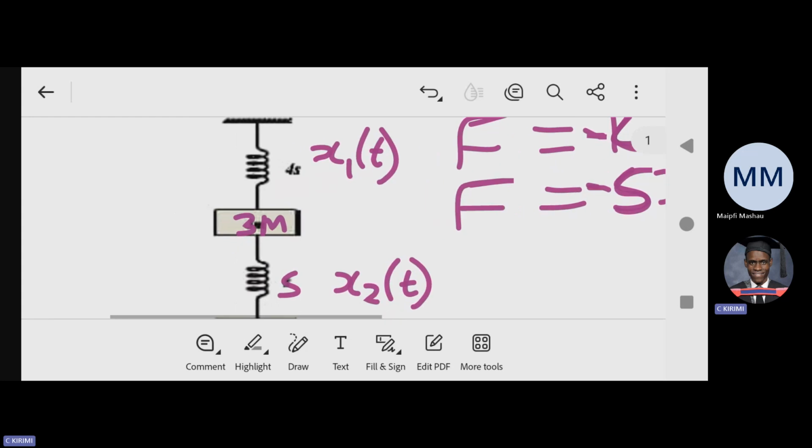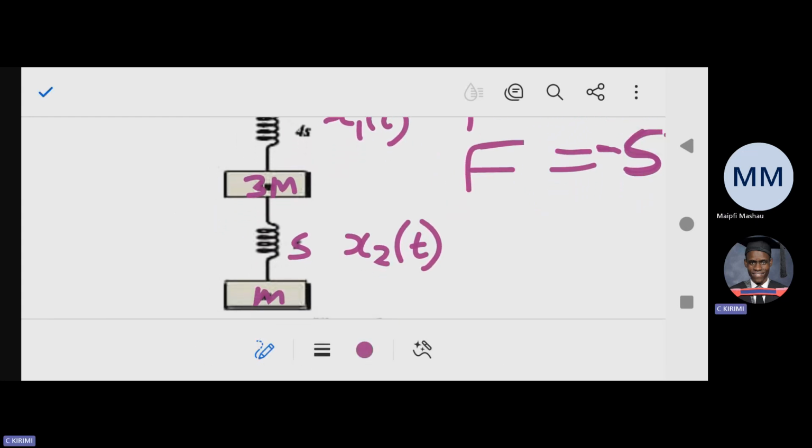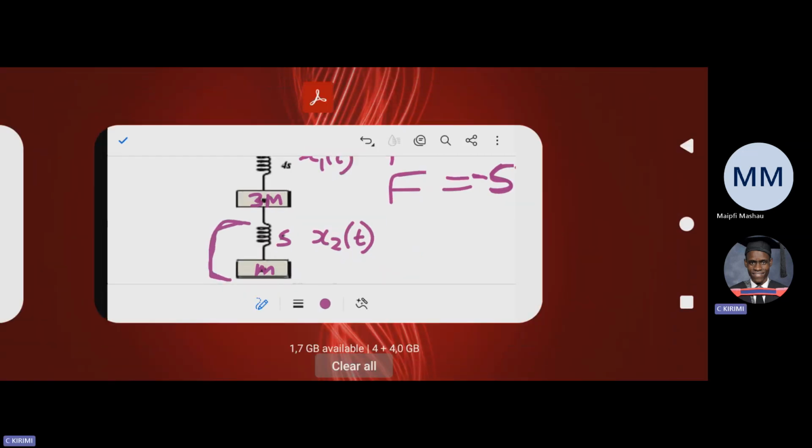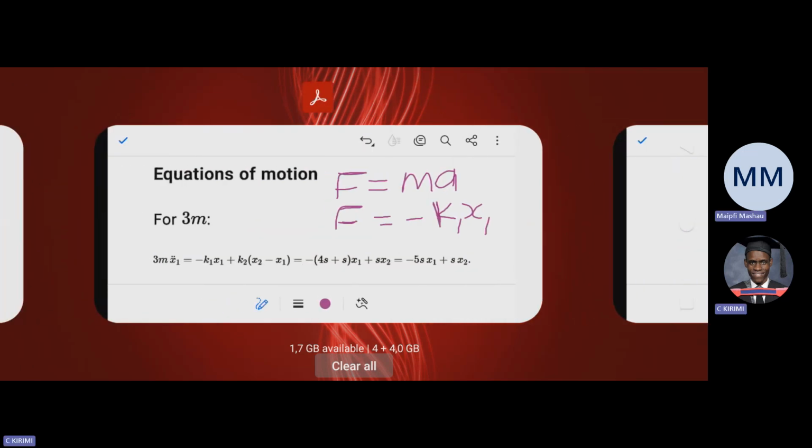Now the force of the 3m block: it's attached to another mass, which is m. It's not only hanging; there is this mass m here. That is where the minus kx comes in when you sum all the forces.